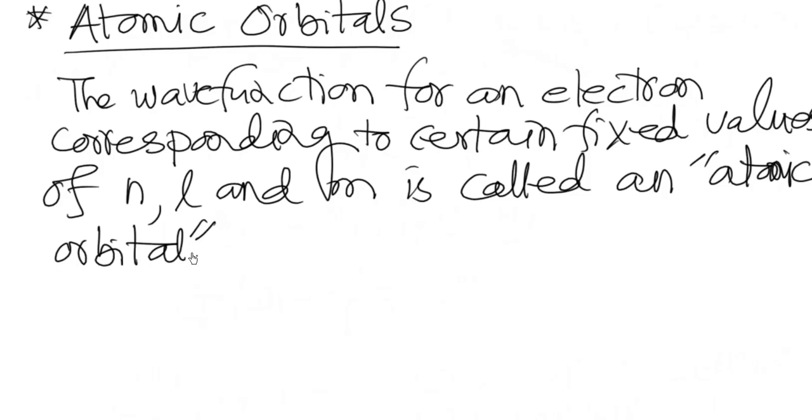It is convenient to describe atomic orbitals in a shorthand notation. Generally, the orbitals with L equal to 0, 1, 2 are referred to as follows: for L equal to 0, this is an s orbital.